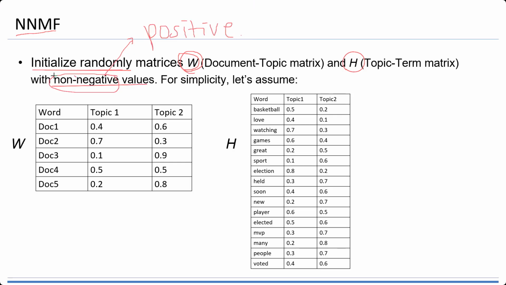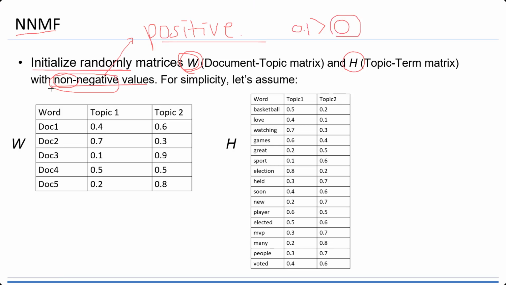But why do we use the word non-negative? In mathematics, usually we call a positive value one that is higher than 0. If it is higher than 0, for example, 0.1, this is a positive number. But in mathematics, 0 is not included in the positive.